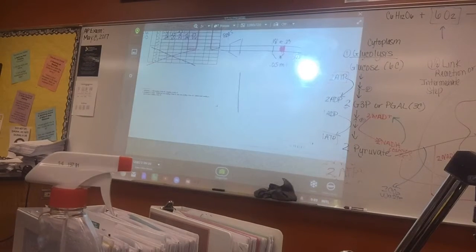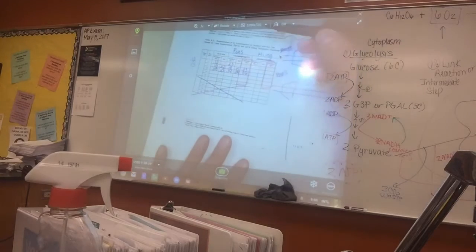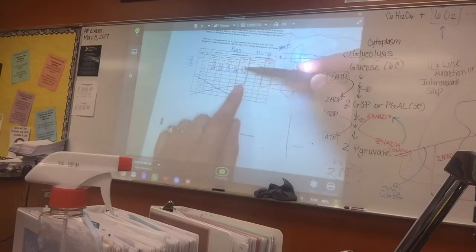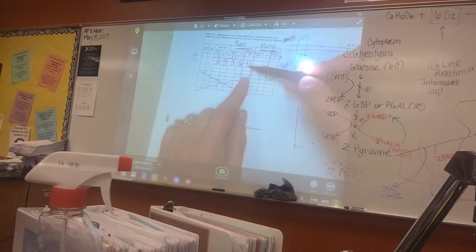So when you make the graph, you're graphing just the data of interest, which is the corrected difference, because this is the milliliters of oxygen that your peas are taking in, and it's a cumulative milliliters of oxygen. So as time goes on, if they're doing cellular respiration, the corrected difference should go up.